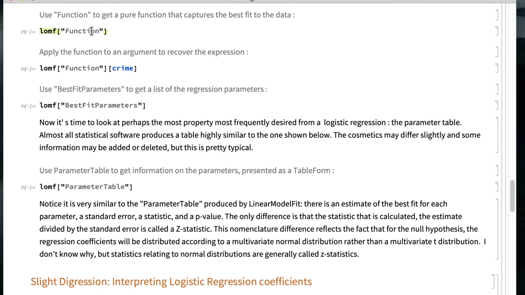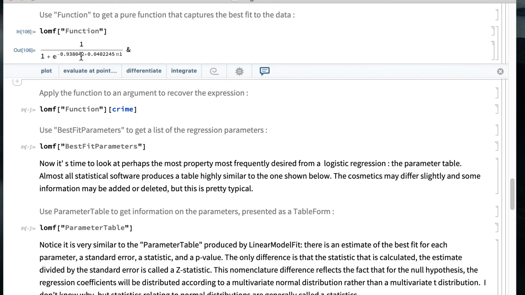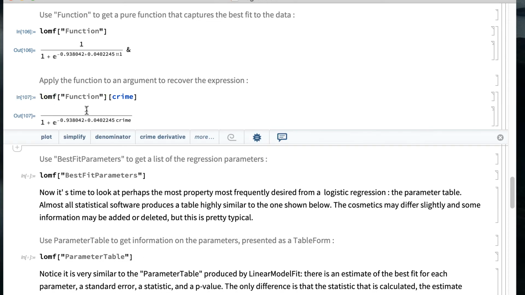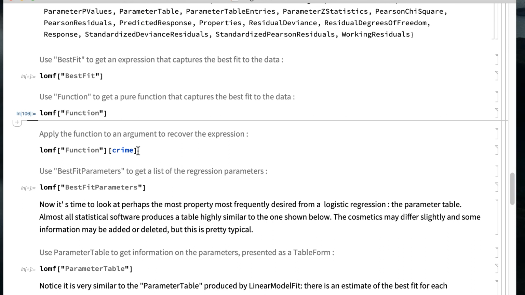We can get the function, the best function, there it is. We can apply the function to a symbol crime. Wait a second, we're not doing Boston housing anymore, we're doing the Titanic. So you could call it crime, but that wouldn't be very evocative. We should do age.